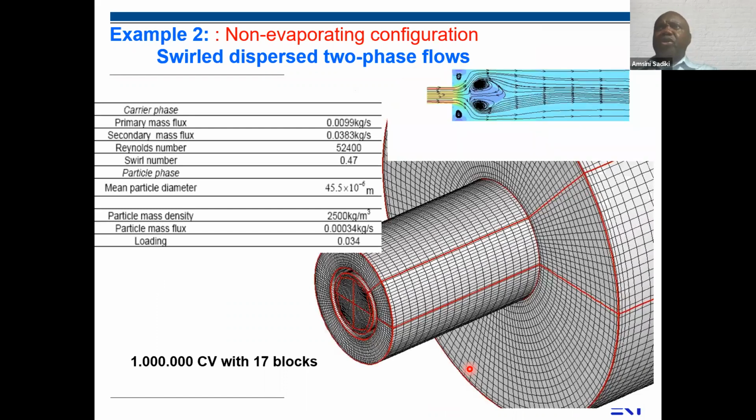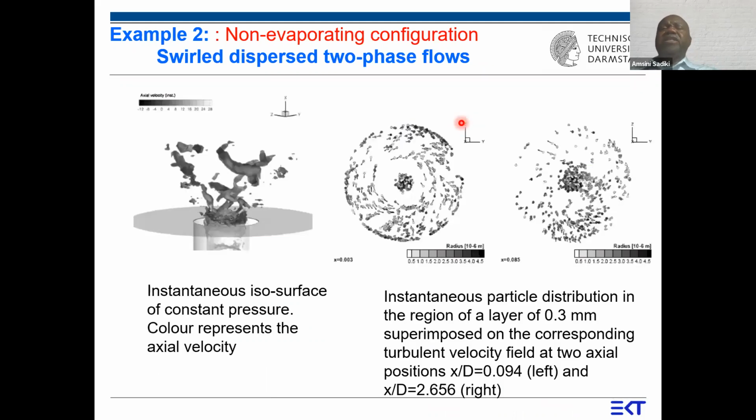And by putting the swirl, we have first this recirculation in the middle and also in the corner. And after that, we see the effect of the swirl. So the flow field really exhibits this swirl motion.